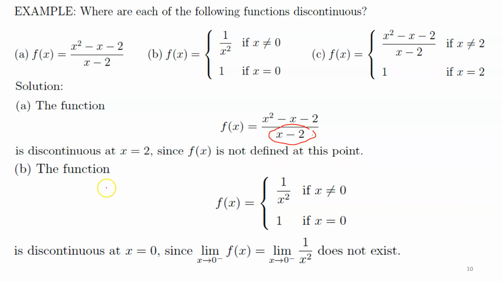Okay, then you have the function for B, this one. It is discontinuous at x equal to 0. Dia detect, bila kita nampak saja this one is piecewise function, obviously it is discontinuous, because for piecewise function you will get different answers for each of this.